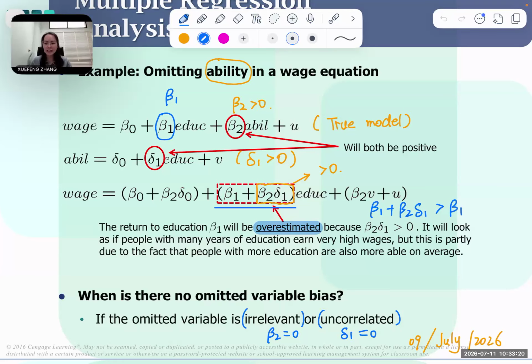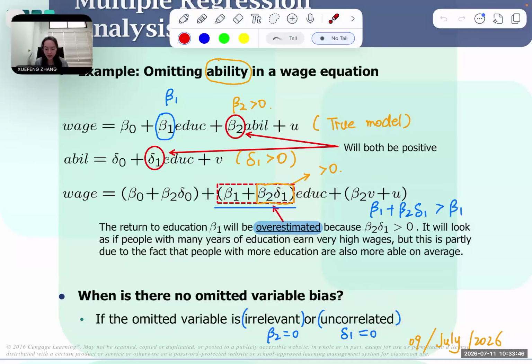All right. Last time we talked about omitted variable bias. This is a very severe issue in econometrics. I showed you that suppose we have 2 x's in our true model, but we omitted 1. In this case, we can know the sign of the omitted variable bias.